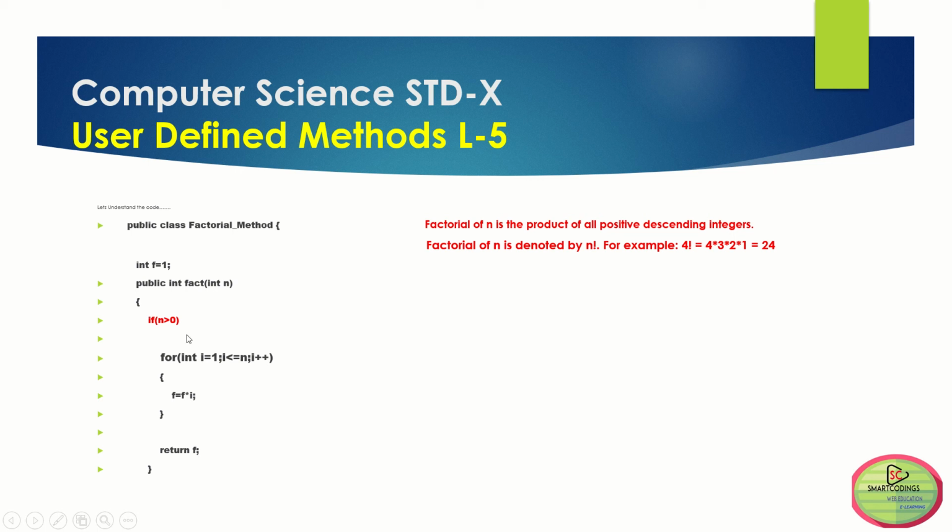To calculate the factorial of, suppose 4, i starts from 1 and iterates till 4, because it is less than or equal to n, and this is for incrementing the i value. Now inside this we'll calculate the factorial. Factorial we have initialized here with 1.